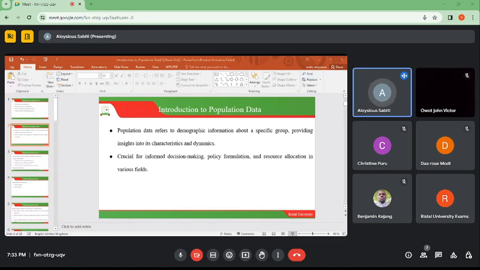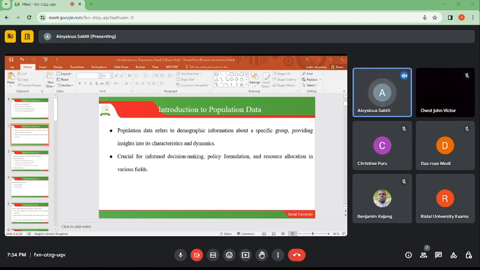So it helps you make decisions from an informed point of view, and you can only take such kind of services where need be. And therefore, you can do what they call resource allocation, and you're able to realize probably which region has more elderly people, then you can have a social protection fund so that you can help such elderly persons to survive in the communities that they live in.